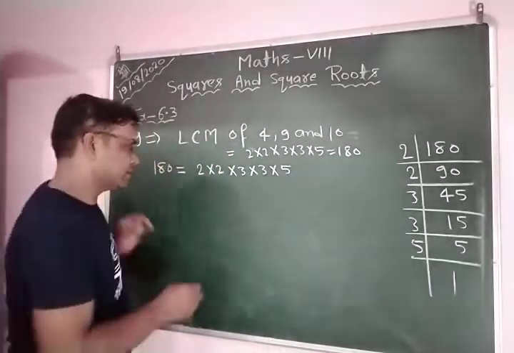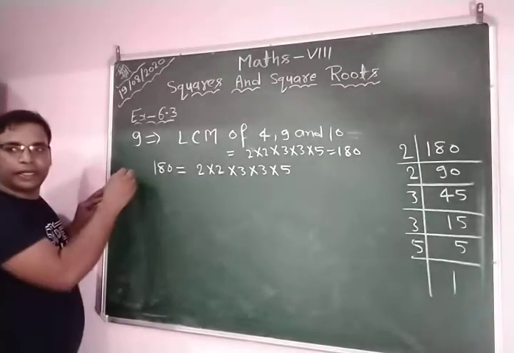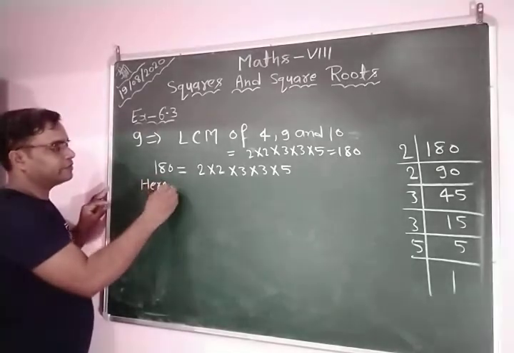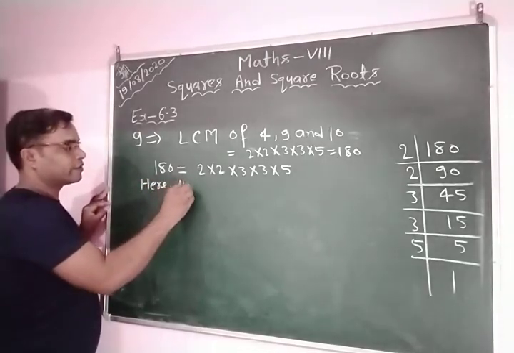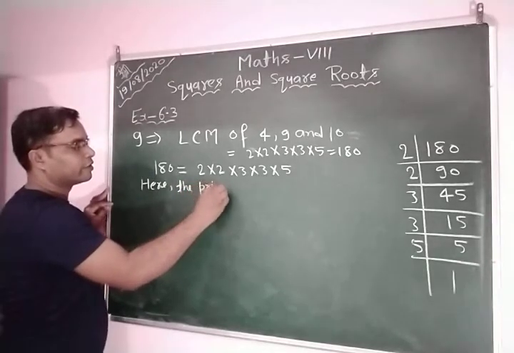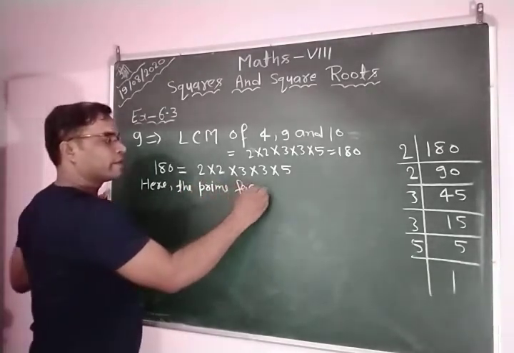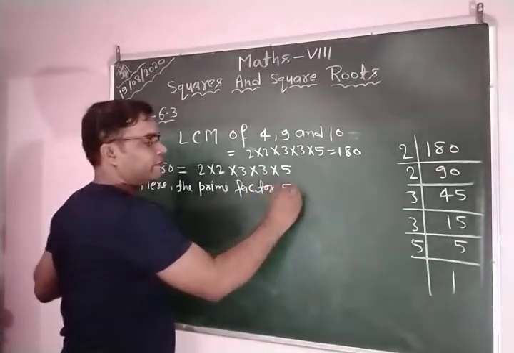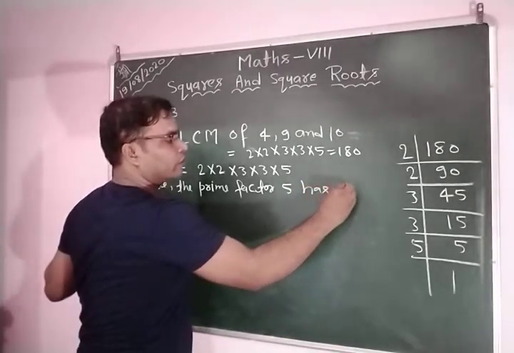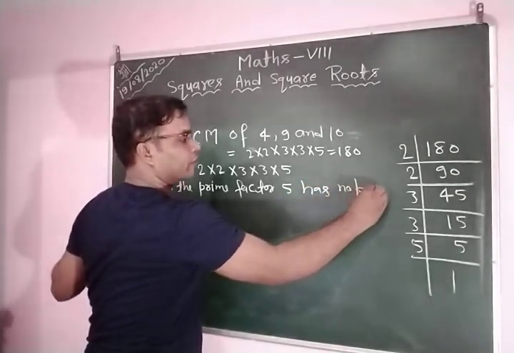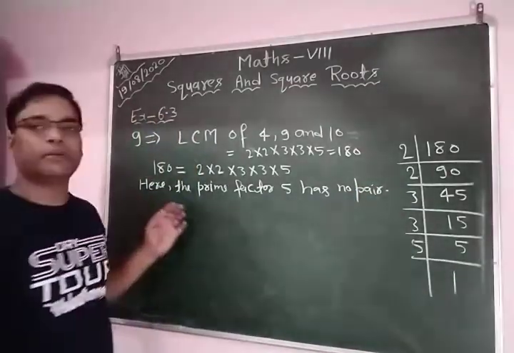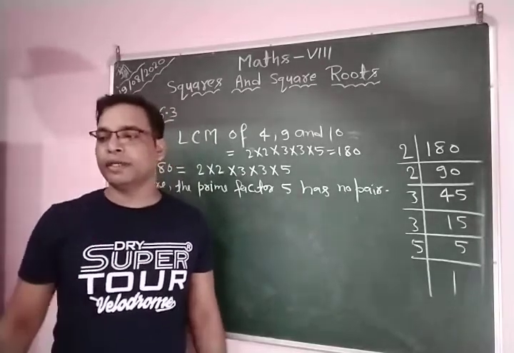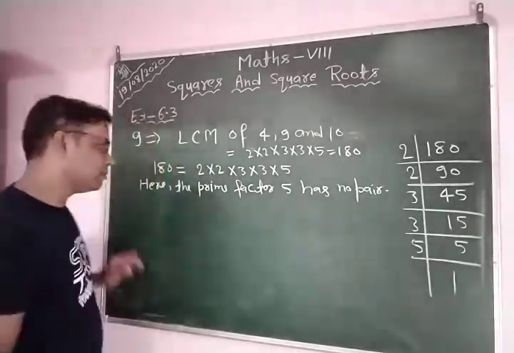The prime factor 5 has no pair, therefore 180 must be multiplied by 5.